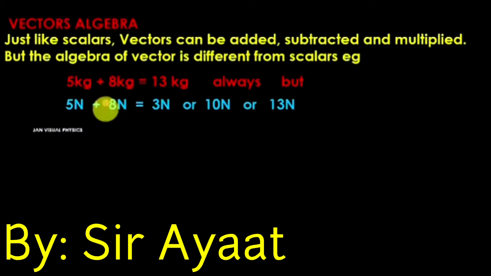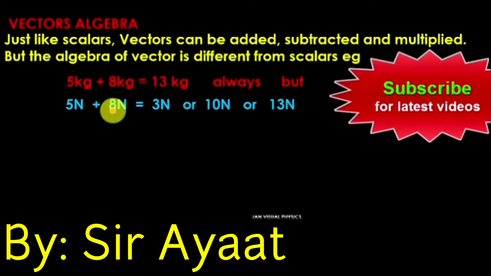Or 5 Newton plus 8 Newton, here 5 Newton and 8 Newton are forces. It is a vector quantity. So we cannot add like this because it is also dependent on directions. If both the quantities are moving in the same direction, then we can add 5 plus 8 is equal to 13 Newton.